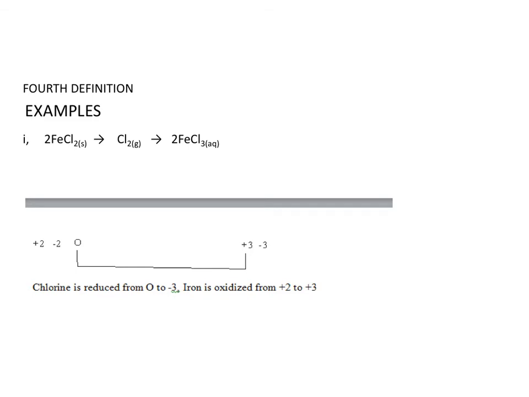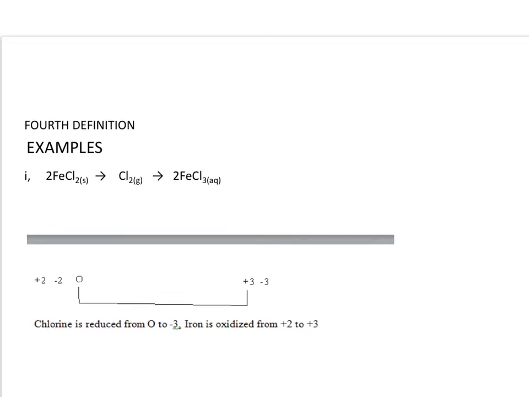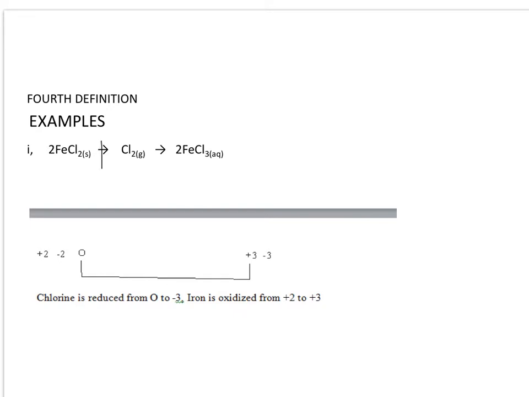2FeCl2 plus Cl2 to give you 2FeCl3, iron 3 chloride. While iron is oxidized to iron 3, chlorine is reduced. The oxidation state of chlorine here is 0, while its oxidation state here is -3.